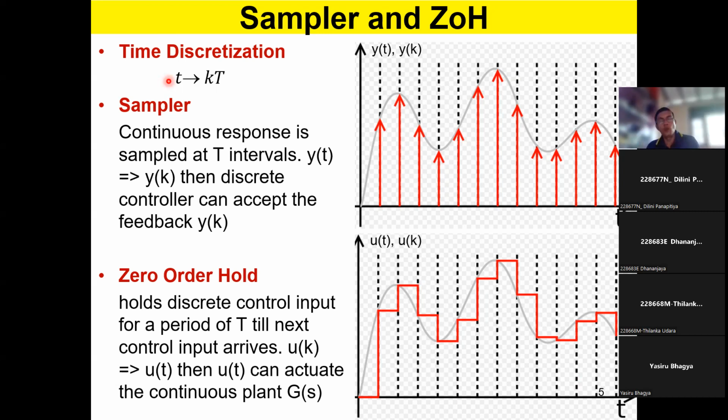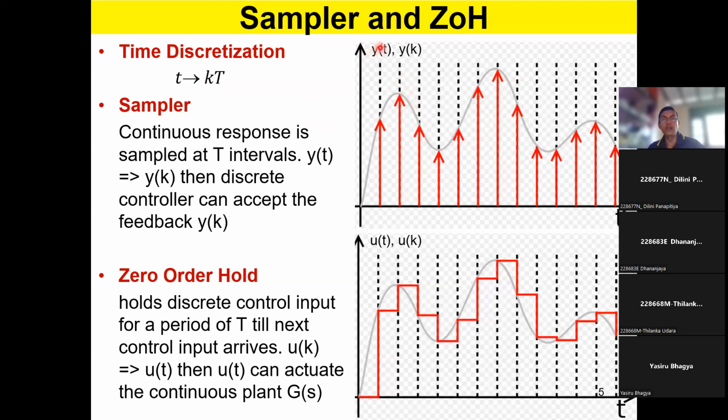Whereas kT is a discrete thing. K equals 0, you have the value. And k equals 1, you have the value. In between, you don't have anything, okay? And k equals 2, you have a sample. So they are just numbers.